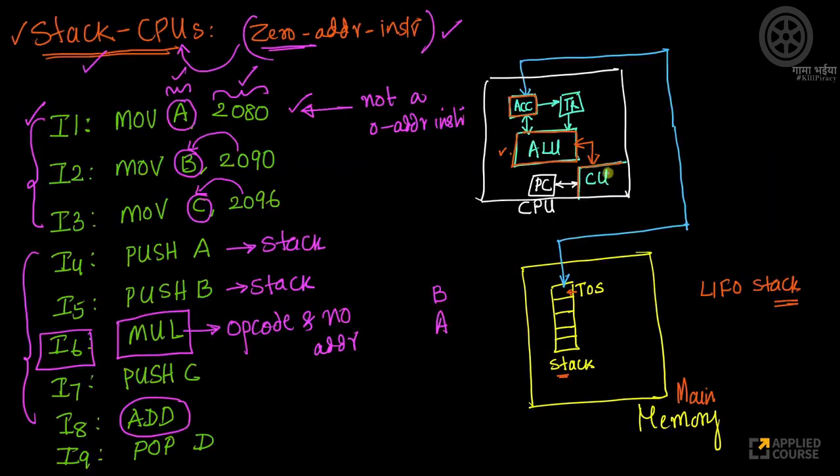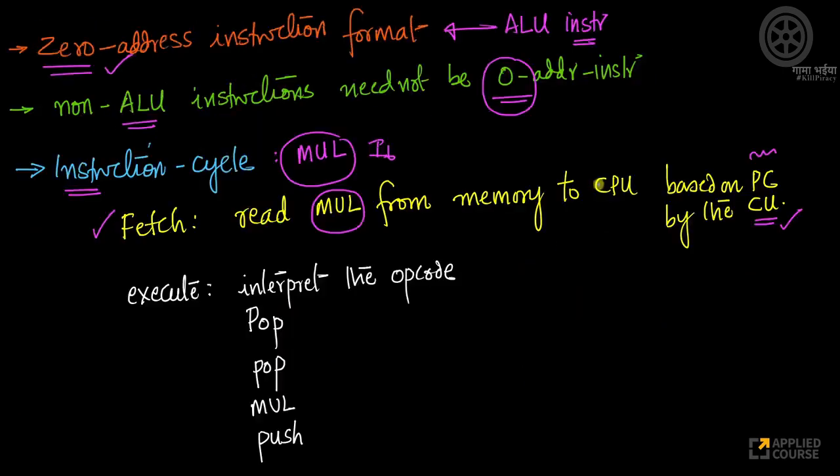The control unit controls whether an instruction is executed, incrementing the program counter. All non-arithmetic logical operations are done by the control unit. So the control unit, based on the value stored in the PC, copies this instruction mul from memory to CPU. That is the fetch cycle.